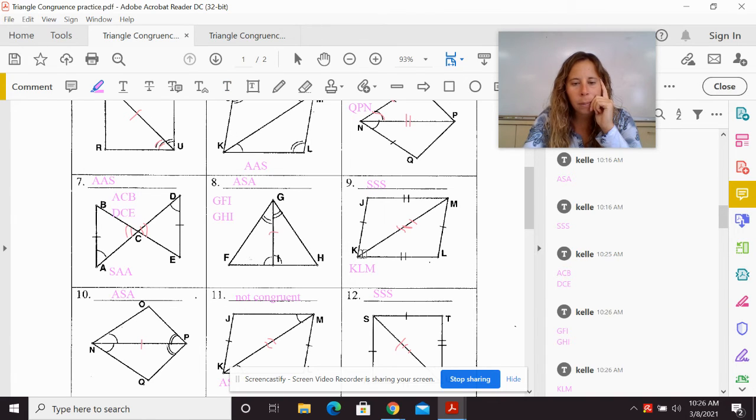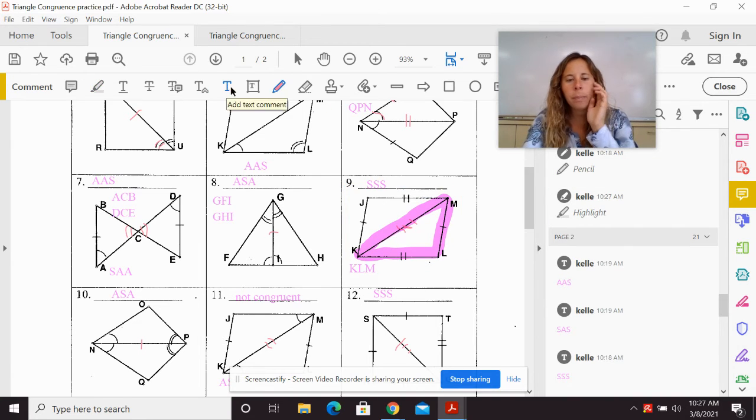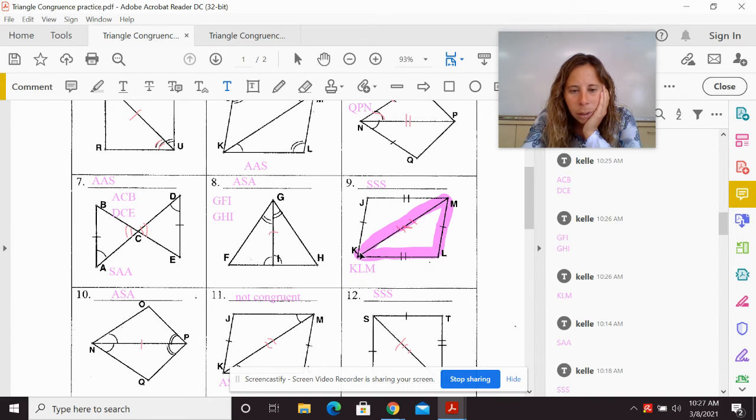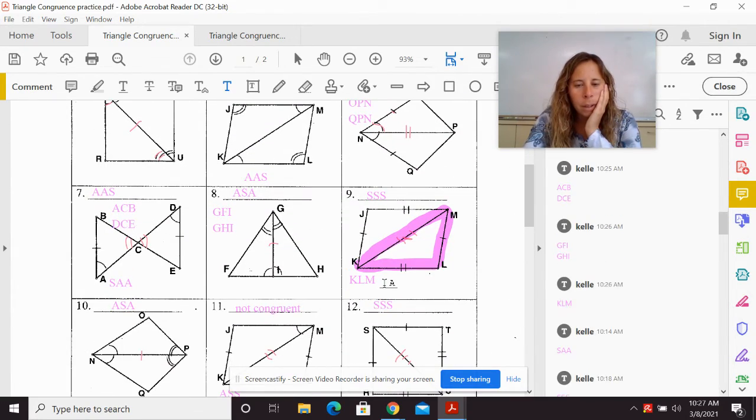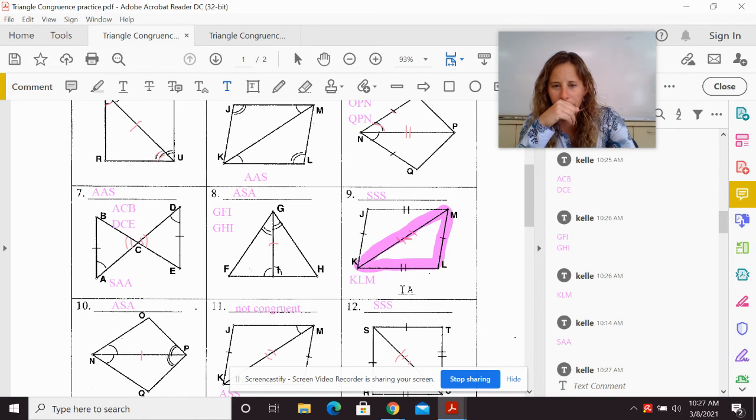Okay, so K is congruent to... So it looks like KLM is going to be congruent to, so KL.